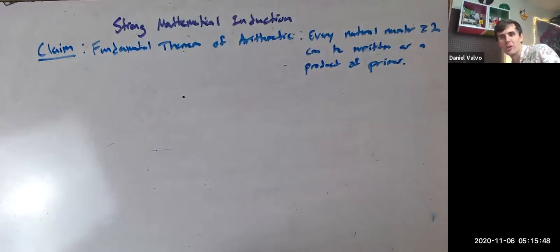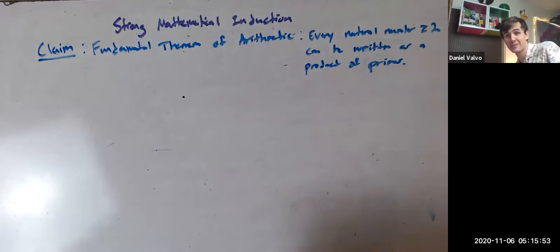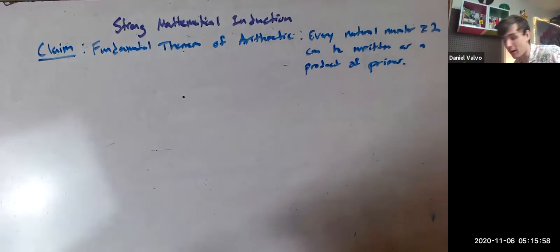Actually, the actual fundamental theorem of arithmetic says it can be written uniquely as a product of primes. We're not going to tackle uniquely today. We're just going to prove that it can be written as primes at all.